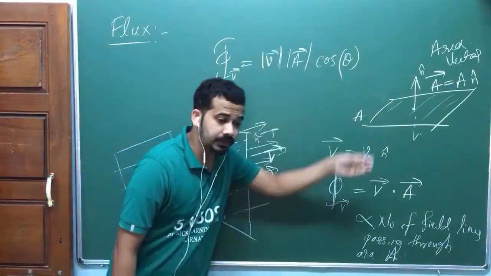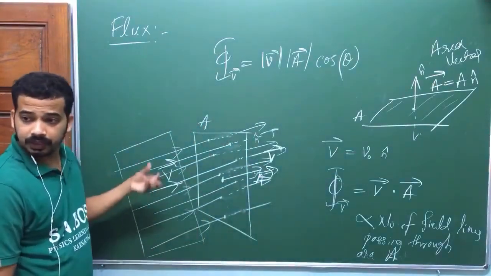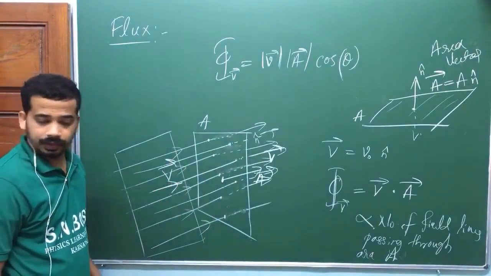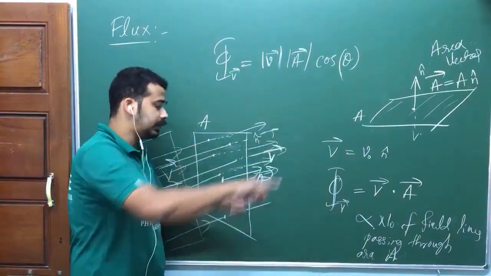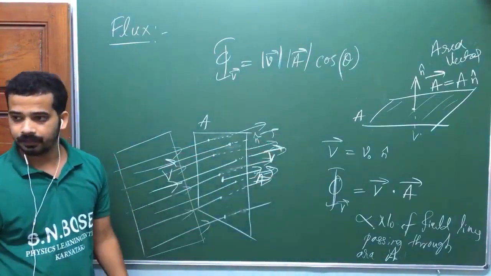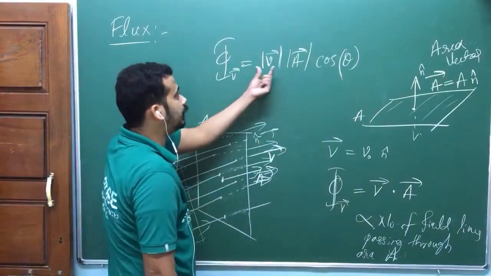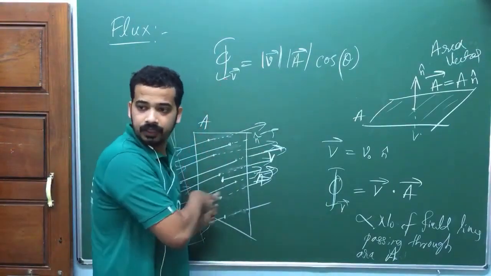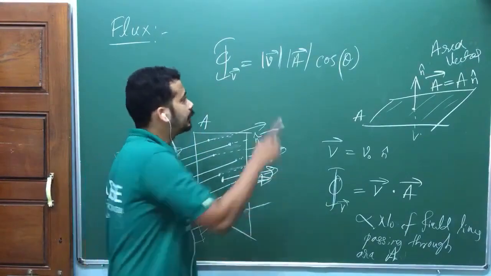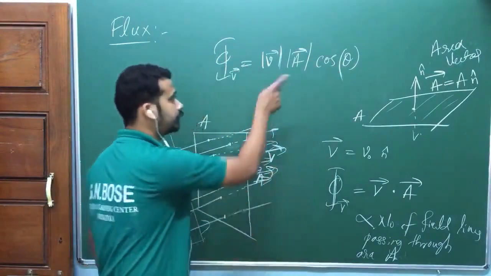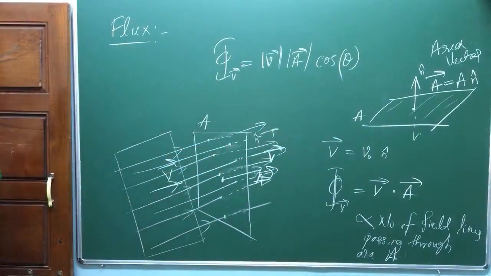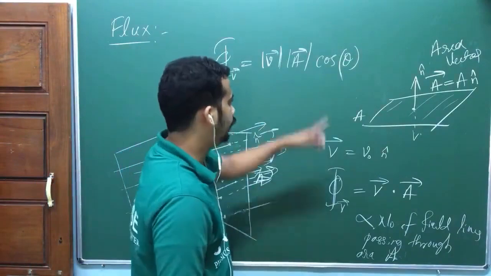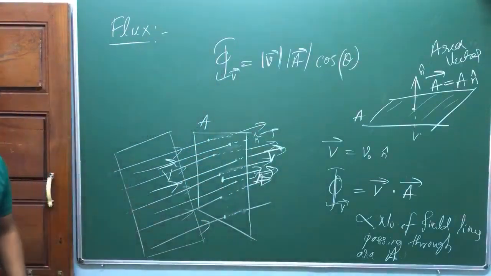If you increase field strength, you have to draw more field lines, so more field lines are passing through the area. That's why if you increase field strength, the flux will also increase. And it depends on the cos of the angle between the area vector and the vector field. If that is 90 degrees, it is 0. If that is 0 degrees, it is maximum.